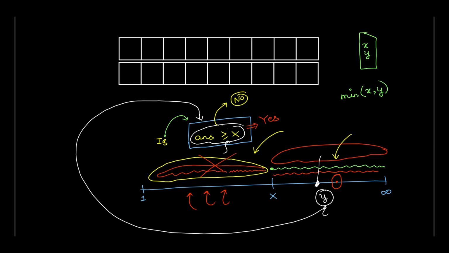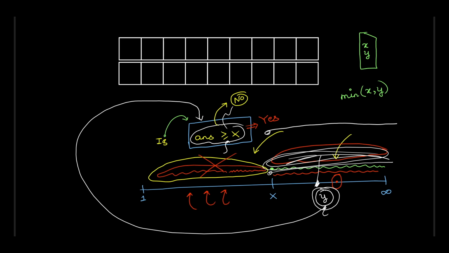If this told me that no, nothing greater than or equal to x is possible, and this did not show up there, it means that this right half is actually useless, because if nothing greater than or equal to x is possible, nothing on this big range is possible. Even if you try to shorten this range by looking at this smaller range, which is x plus, let's say, delta, nothing in this range will be possible either.